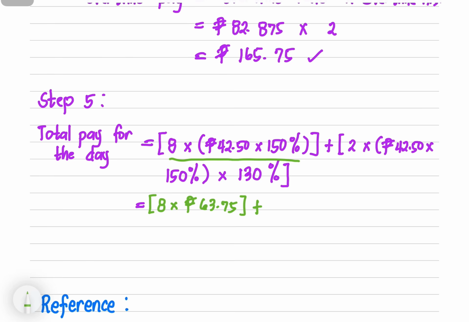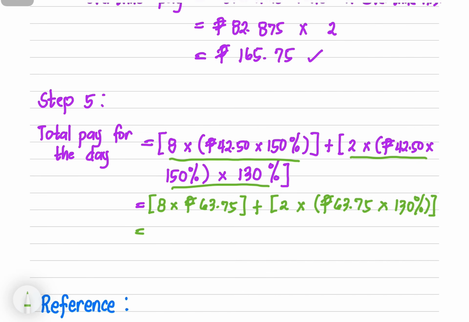Plus, ito naman class. Yan, simplify natin yan. Siyempre, copy muna natin yung 2 hours. Times. So, we have 42.5 times 150%. That is equal to 63.75 also. Times 130%. Okay?